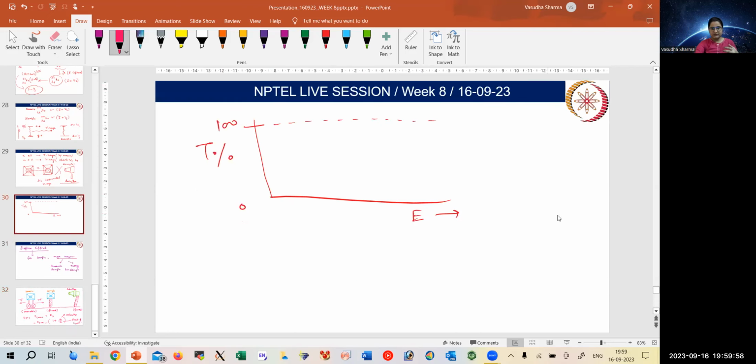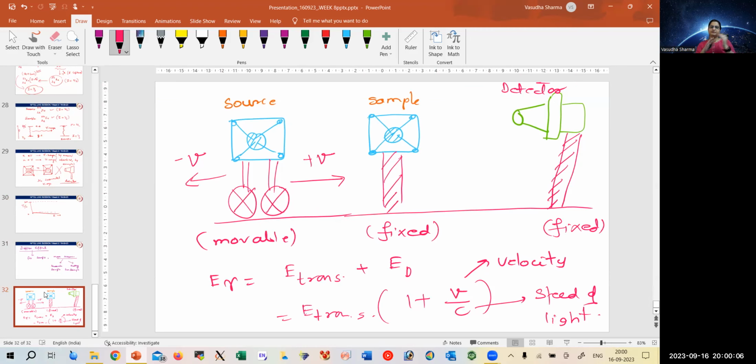That would be a straight line matching the 0 line. Now to have some absorbance and therefore transmittance, we move our source towards the sample or away from the sample. Just from the Doppler effect, we can change the velocity and therefore get some difference in the energies.